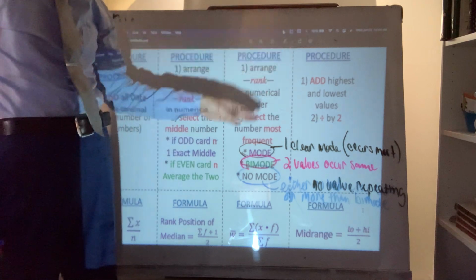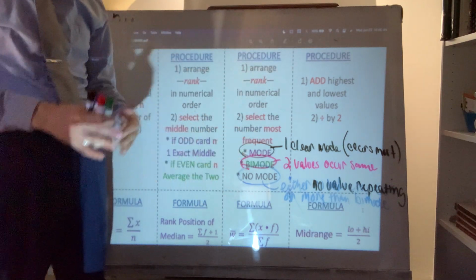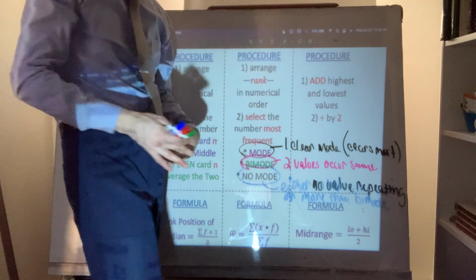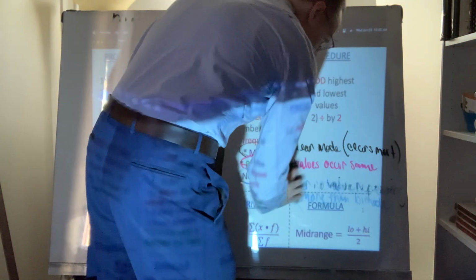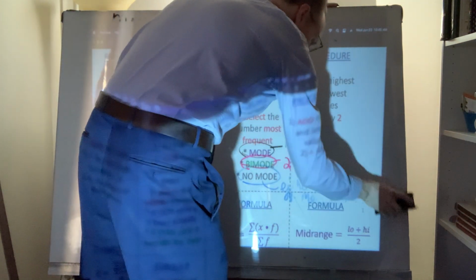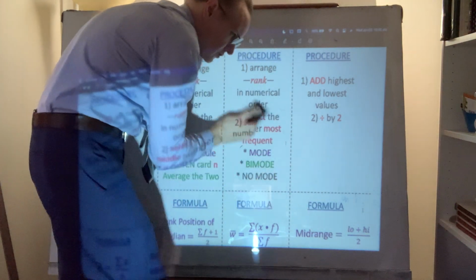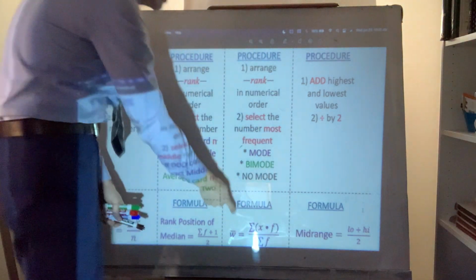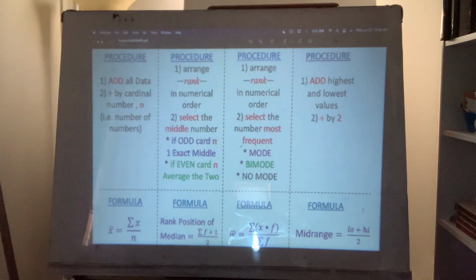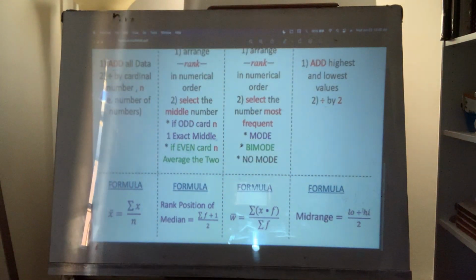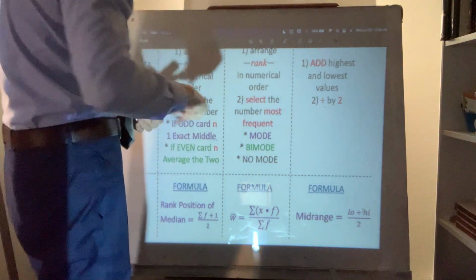The easiest thing to look for, really, is to put things in numerical order and then see which one occurs the most often. But it's related, so I put it underneath here for reference. In my lab, you might get a question related to this, so let me explain this for a moment.